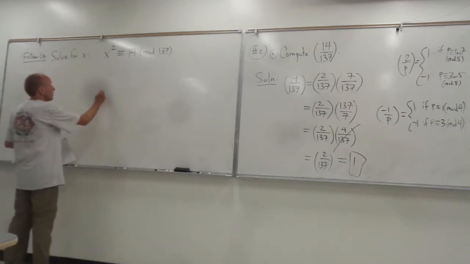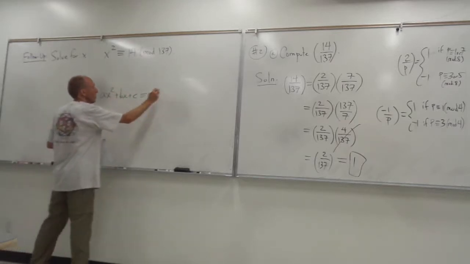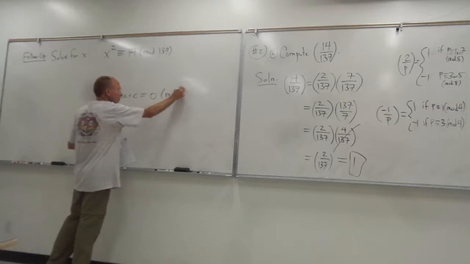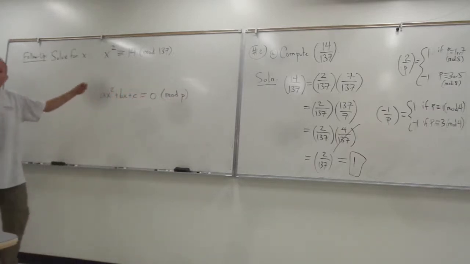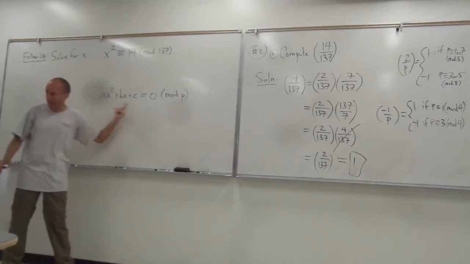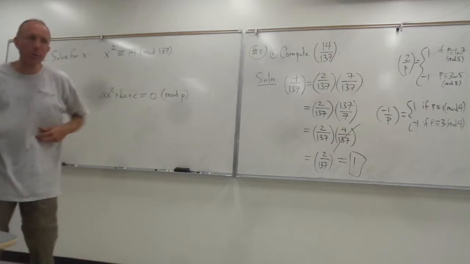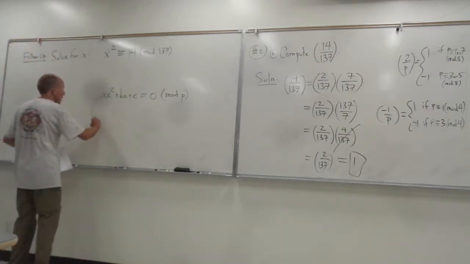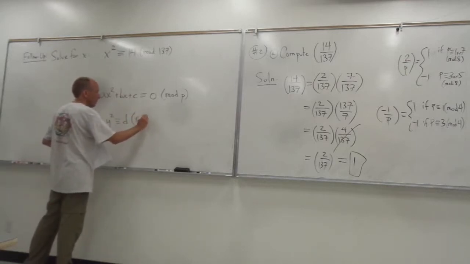If I have a congruence ax squared plus bx plus c congruent to 0 mod p and I ask you to solve that, you're going to find one of these on the sample test. The way you're going to do that is to change variables in such a way that you make a new problem, y squared congruent to d modulo p.